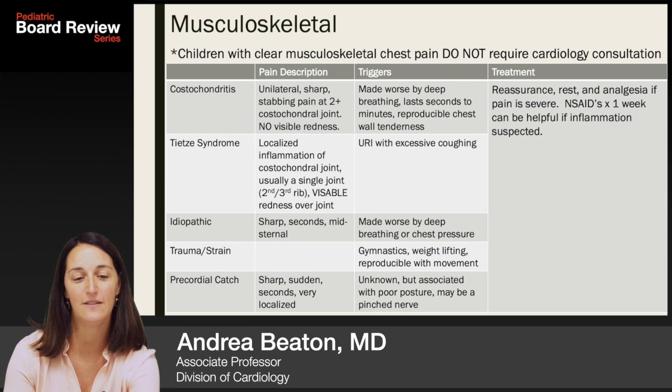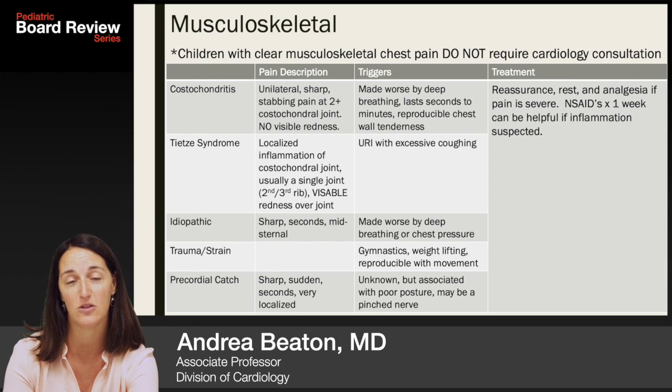This is a very specific disorder called Tietze syndrome. This is a buzzword, or a commonly asked question on the boards, because there is a visible redness over the joint. So these children are going to say the same thing as costochondritis, a local inflammation, a one-sided pain that's localized to one of the costochondral joints, but on the exam you'll see that there's a bright red spot or a swelling over that joint.